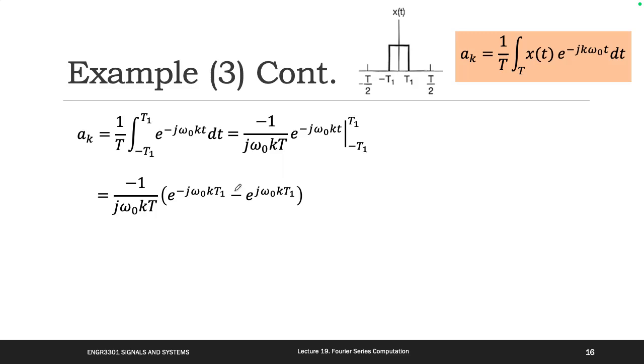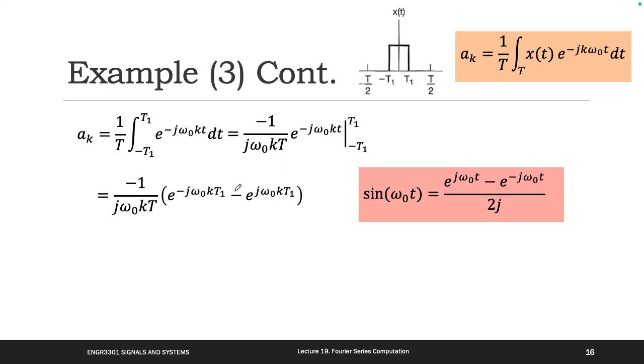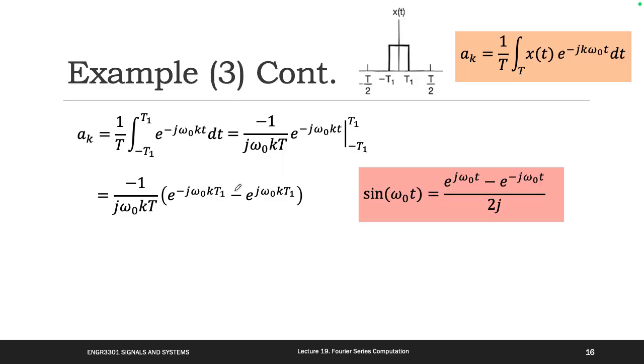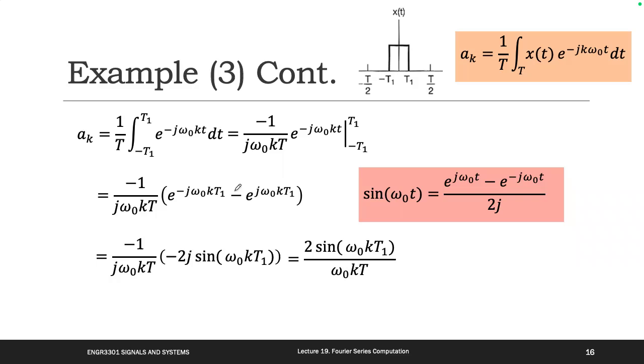This is AK, and usually we want to change AK to the sinusoidal form. So we use the Euler equation, and then you can see this one. We can put this into this one. Does that make sense to you? And then, okay, we have this equation. The AK should equal this one.